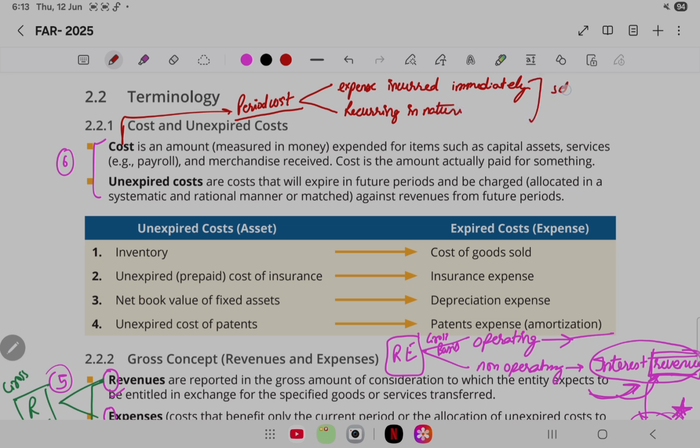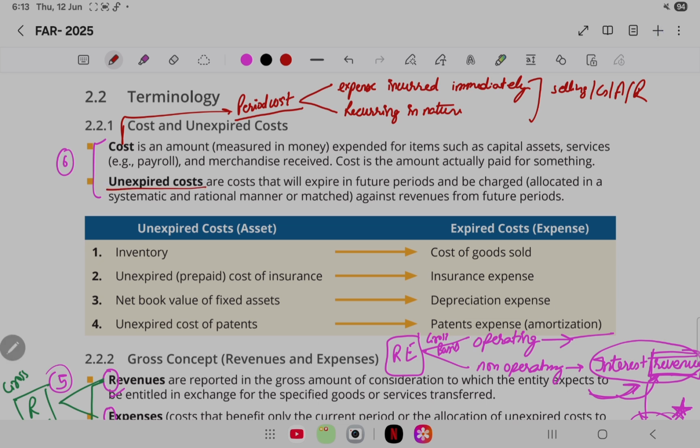Examples: selling cost, general cost, administrative cost, research cost. All these costs are recurring in nature and they are expensed immediately.